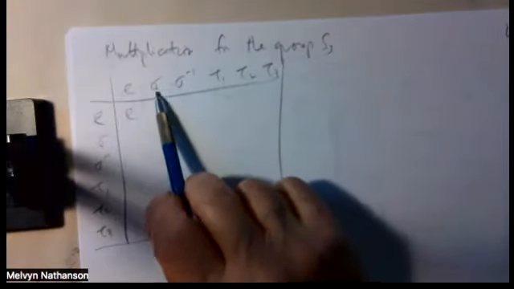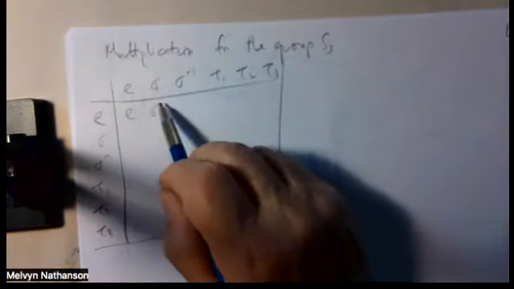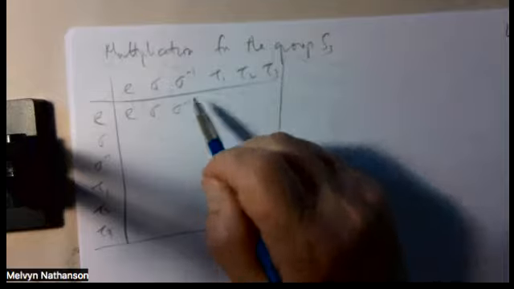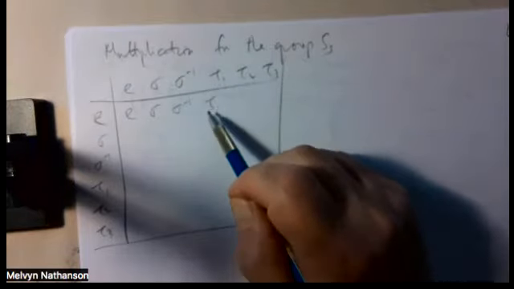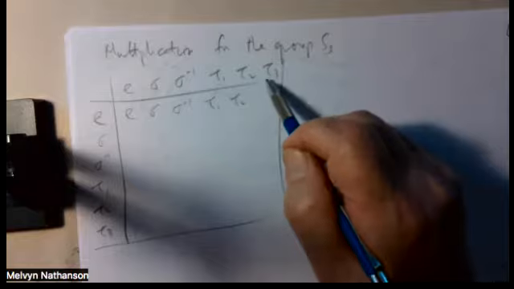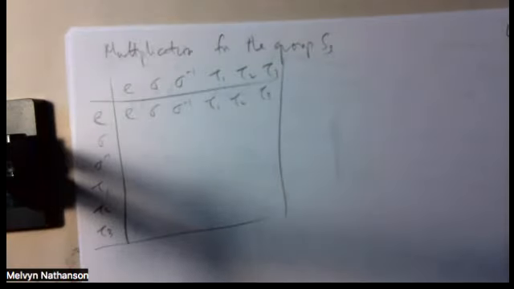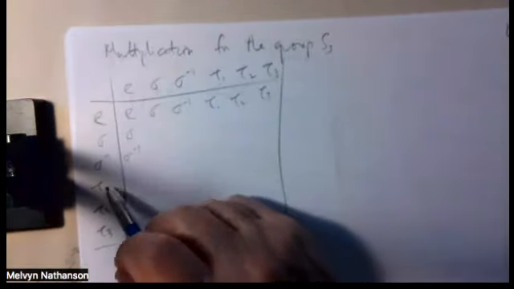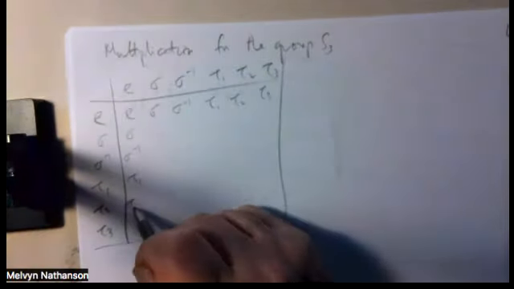Now, E times the identity is the identity. In fact, E times any element of the group is that element of the group. So E times sigma is sigma. E sigma inverse is sigma inverse. E tau 1 is tau 1. E tau 2 is tau 2. And E tau 3 is tau 3. And similarly, sigma times E is sigma, sigma inverse E is sigma inverse, and tau 1, tau 2, tau 3, if you multiply by the identity, they don't change.